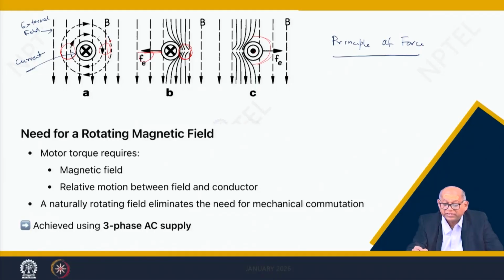So, this side the field becomes stronger, and it will move like this. That gives you the right hand rule, CFM, current field motion. C is here, field is here, motion like this. So, you can see how it is done.